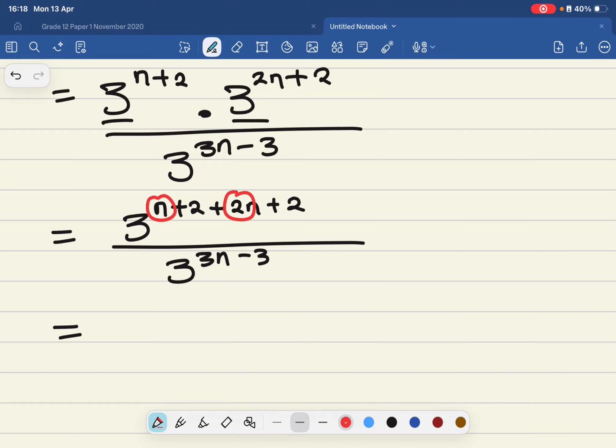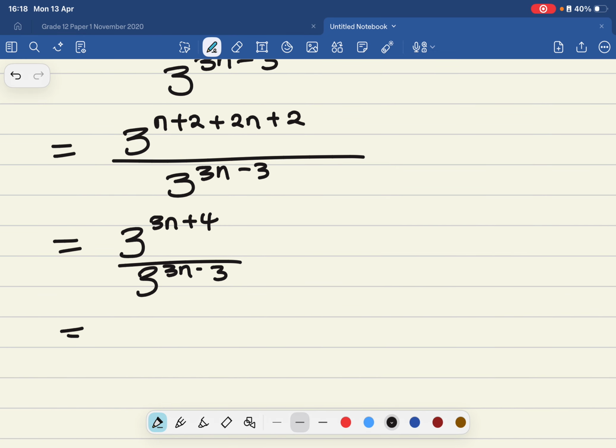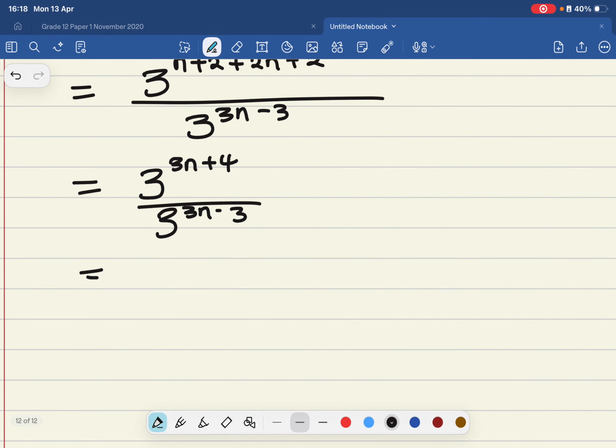This one plus this one is 3n. This one plus this one is 4. So it's going to be 3 to the power of 3n plus 4 over 3n minus 3. Now I'm dividing powers with the same base.